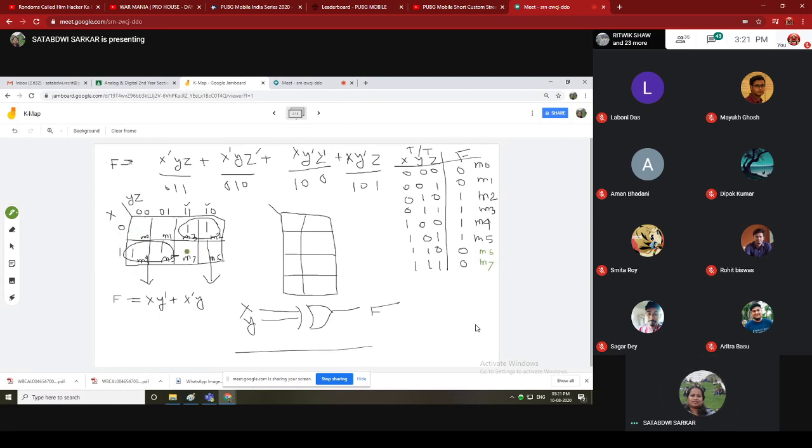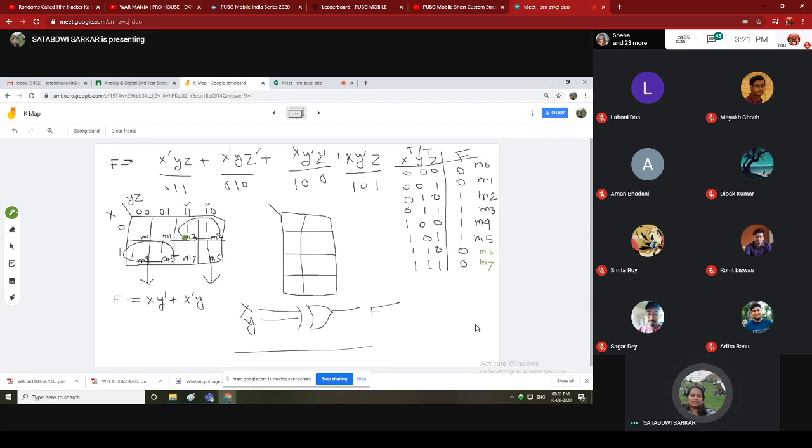I'm familiar with this design. Okay. So now here, see, value of x can be either 0 or 1, and value of yz can be 0 0, 0 1, 1 1, or 1 0. So we put here M3 first and then M2. This is the rule, we cannot change it.